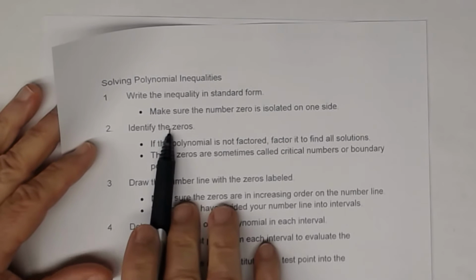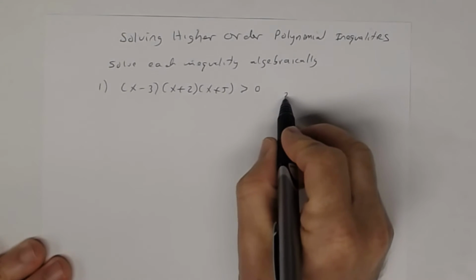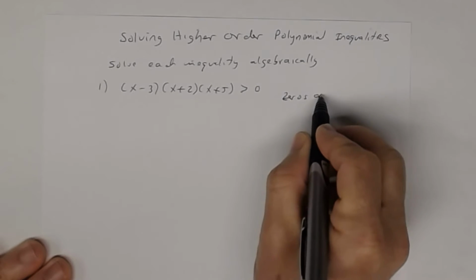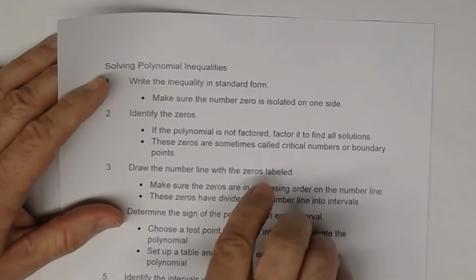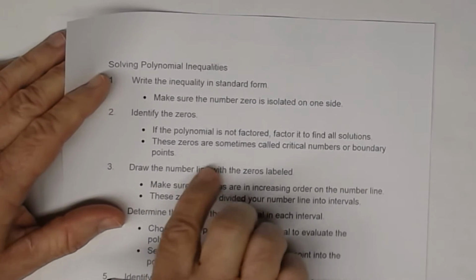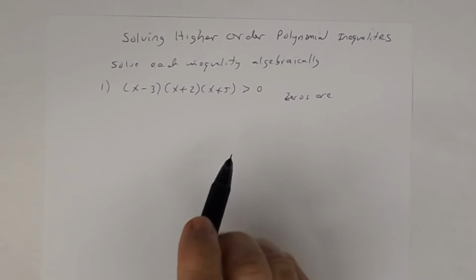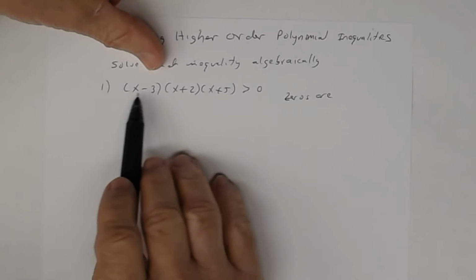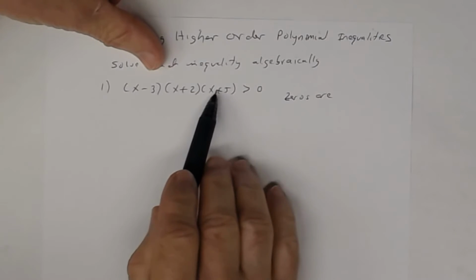And then now we're going to identify the zeros. So remember how to identify the zeros. Our zeros are, and remember another name for zeros that you'll sometimes hear are critical numbers. Sometimes you'll see the words boundary points instead. So to find the zeros, once it's in factored form, and this is already in factored form, you set each factor equal to 0.